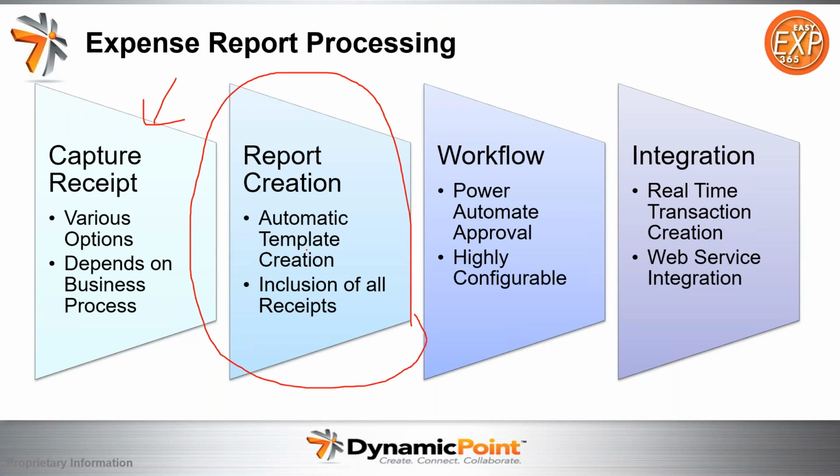And we have this concept of templates and auto creations that's taking all of these receipts coming in from these various methods and adding them to an automatically created expense report. And these expense reports could be created ad hoc based on the fact that I uploaded a receipt, or if I'm submitting them weekly, I could have them created on a weekly or some time period basis.